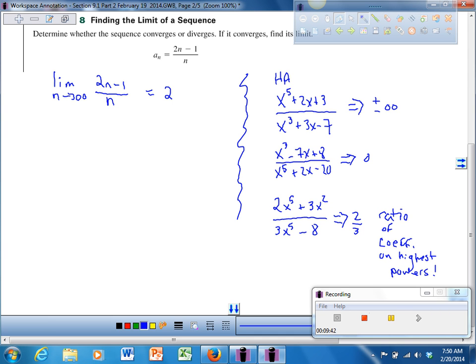Yes, then it converges to the number 2. So, if you're asked this, you could say that the sequence converges to 2. All right, easy enough. Questions on that one? All right. Let's move on.